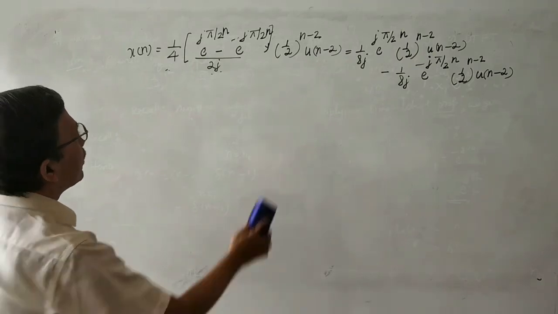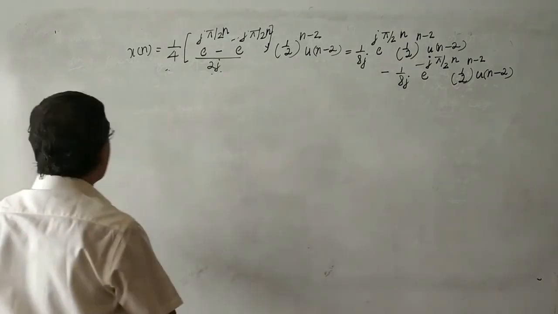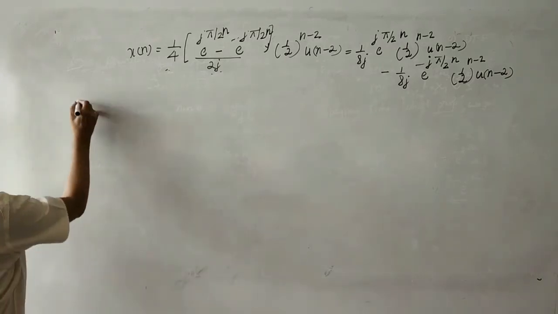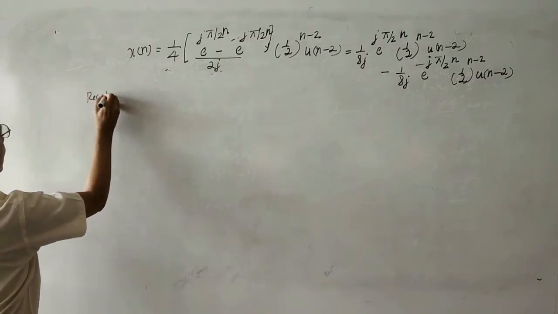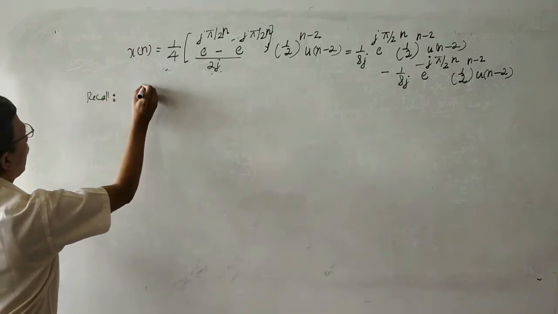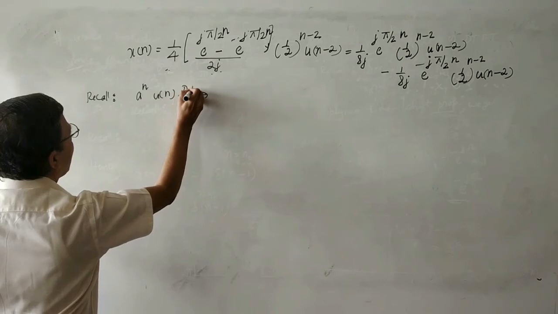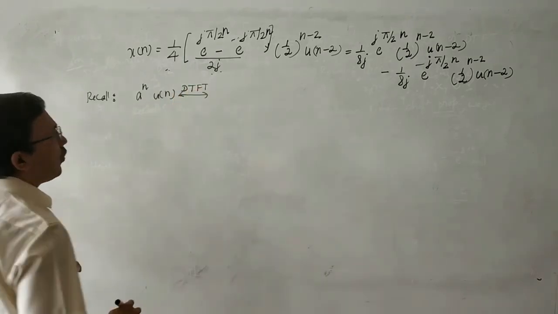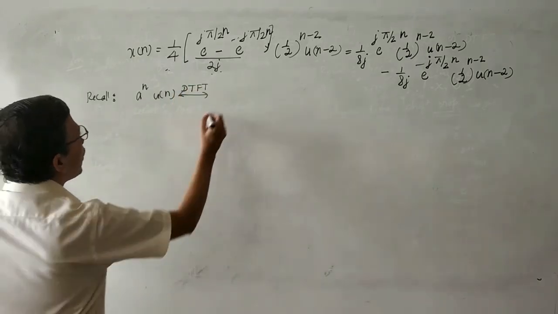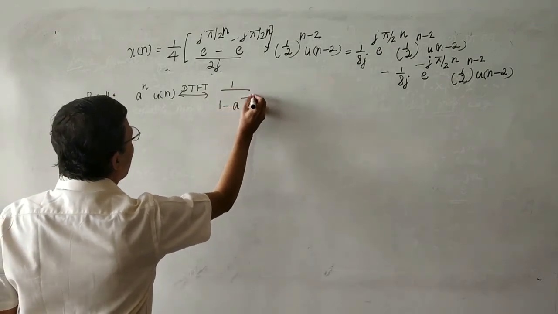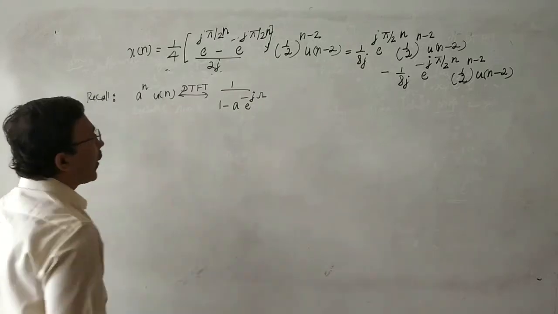Okay, so now we'll start applying properties. First recall a to the power n into u of n has a discrete time Fourier transform 1 over 1 minus a e to the power minus j omega.